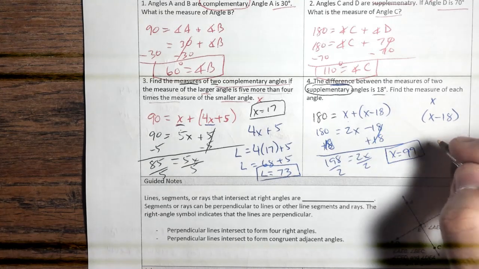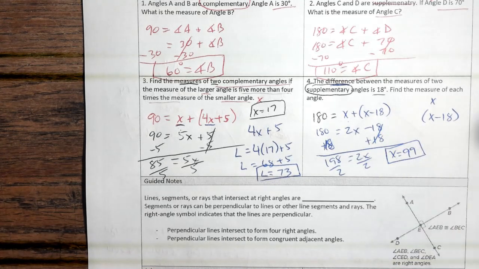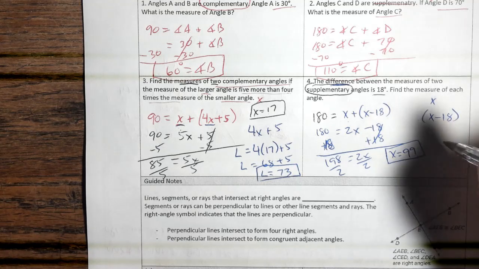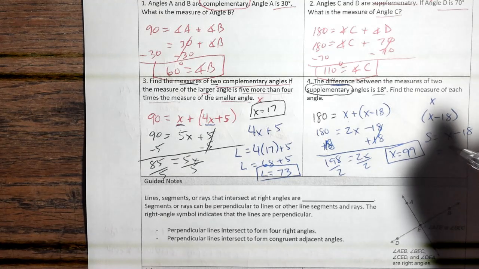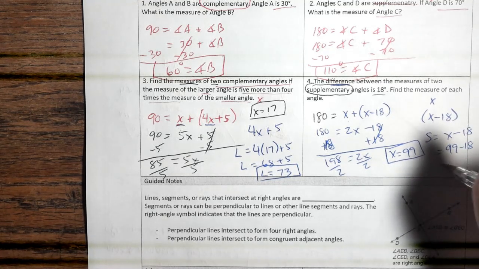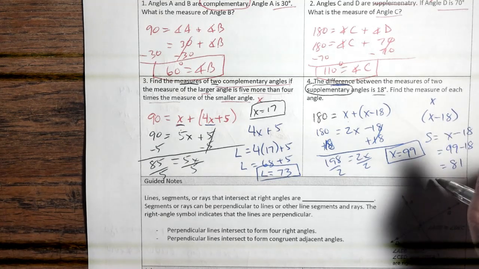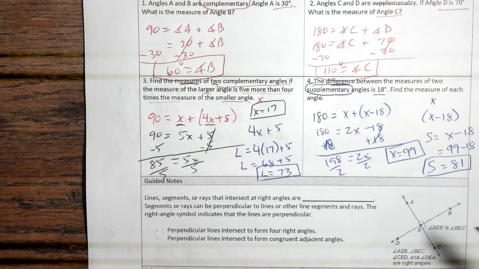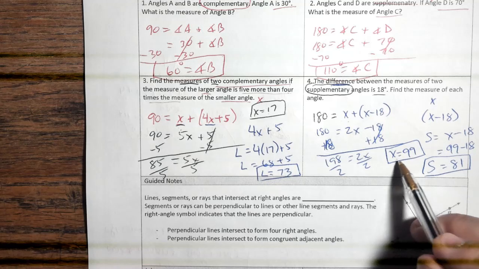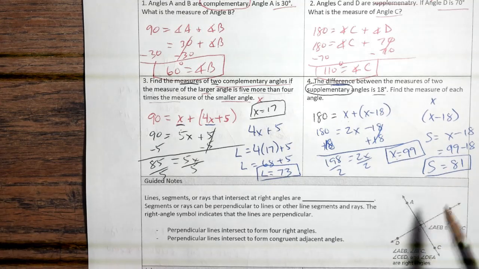Our larger angle is 99 in this case. And then our other angle, we'll call it S, equals x minus 18, equals 99 minus 18, which is 81. So we add S, our smaller angle, sorry for the confusion, plus x, our larger angle, 99 plus 81 is 180.